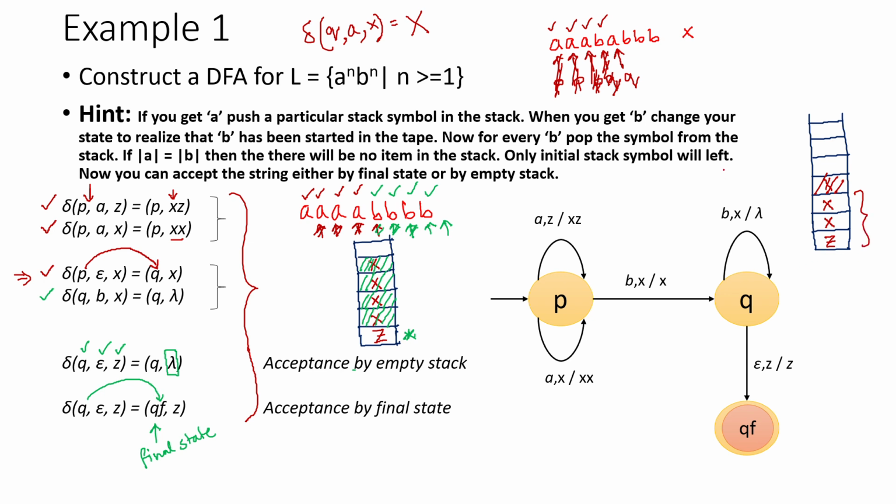Or if you are designing the pushdown automata by acceptance on final state, your Q is not a final state. So whatever approach you take for designing your pushdown automata, this situation is not supporting acceptance of this string. That's why automatically this string will get rejected.